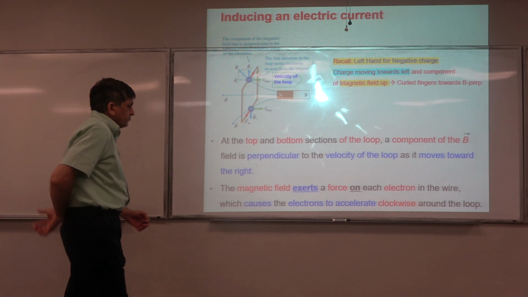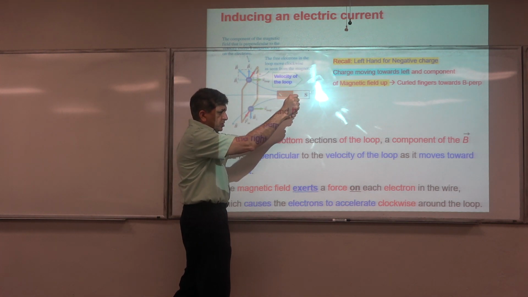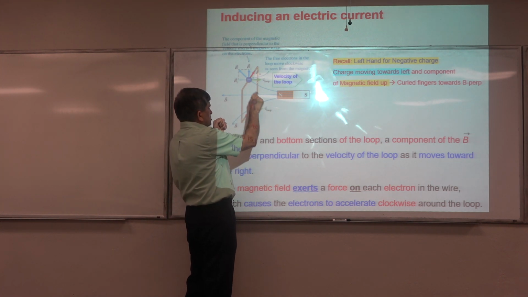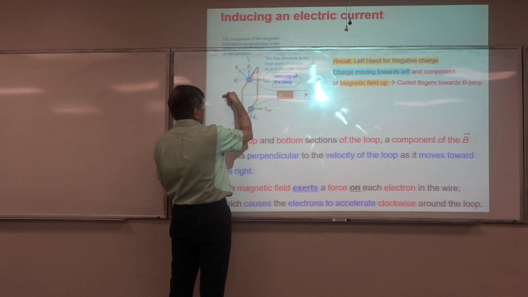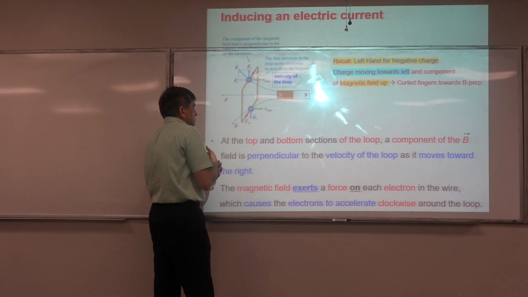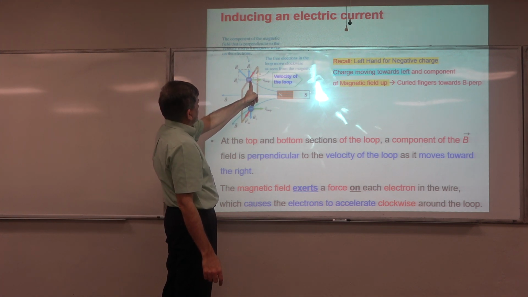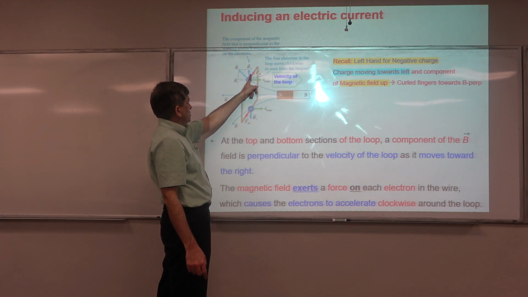What is the velocity of the loop? I have a magnet and I'm bringing the loop closer to the magnet, right? So that is the velocity of the loop, whereas the magnetic field lines go from north. So at the edges, you see the magnetic field is going like this, with horizontal and vertical components.